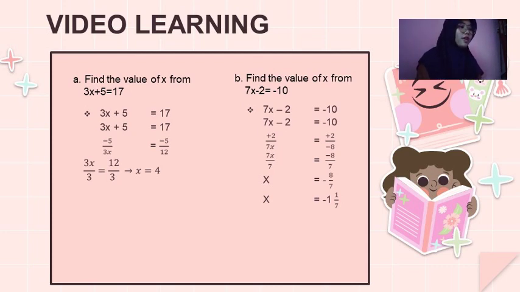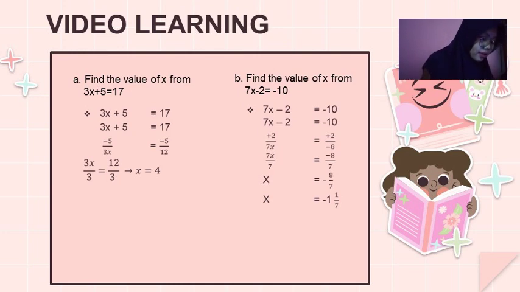Second, find the value of x from 7x minus 2 equals negative 10. 7x minus 2 equals negative 10. Plus 2 on both sides, 7x equals negative 8.